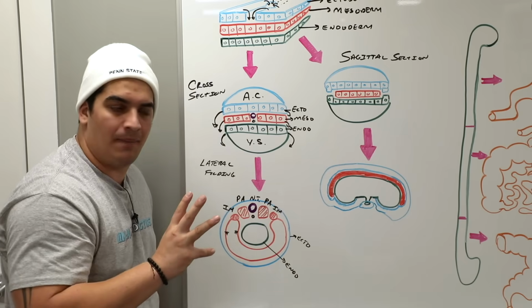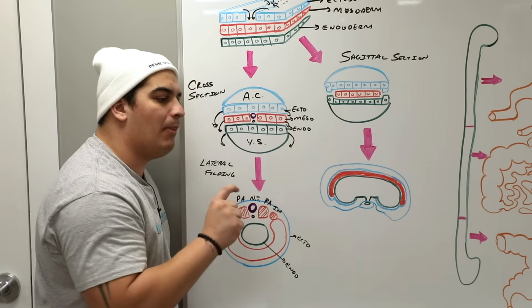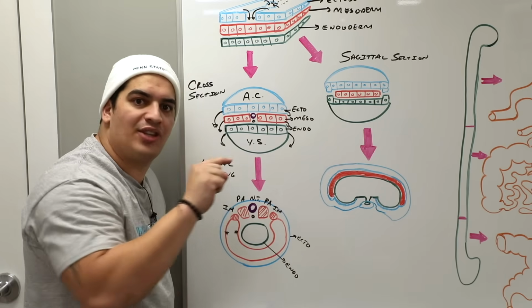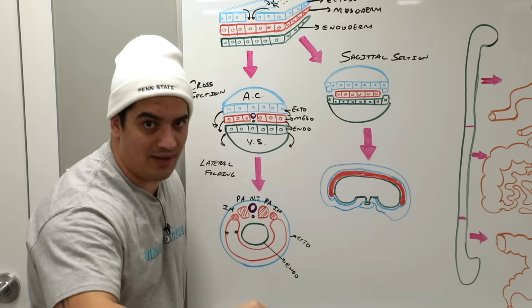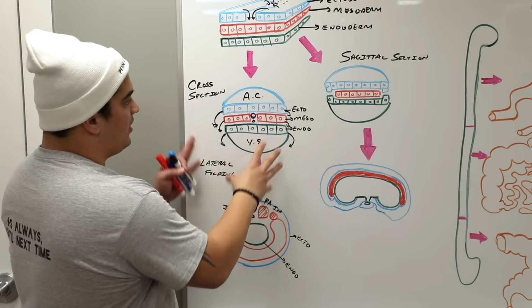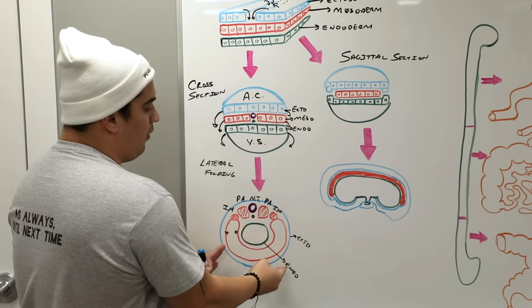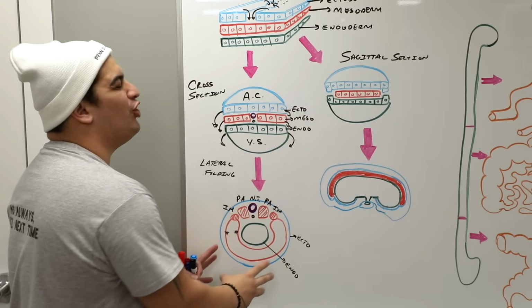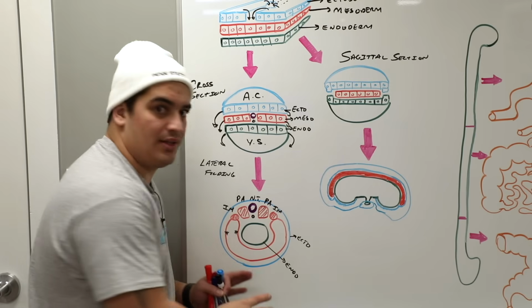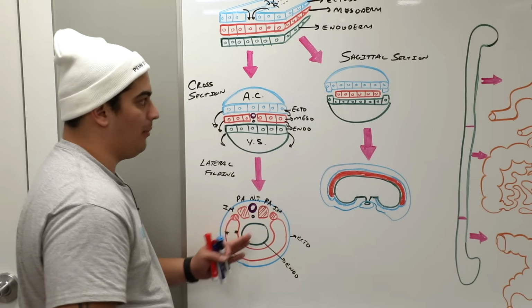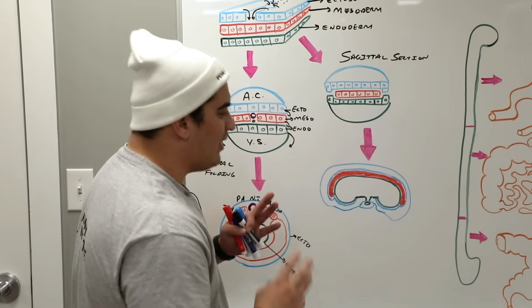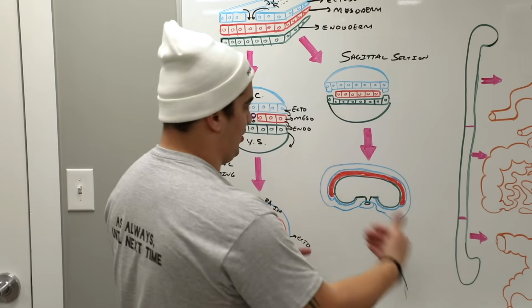It's a lot easier because you can derive these different components of the endoderm and section it off into what's called foregut, midgut, and hindgut. So, just so you understand, cross section, lateral folding gives you this component, which is good for looking at the cavities, right? And one section of the gut tube, which is derived from the endoderm. But the sagittal section is a lot better for understanding the derivations of the endoderm.